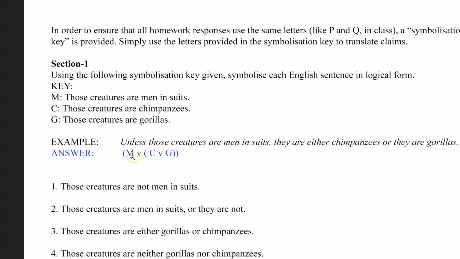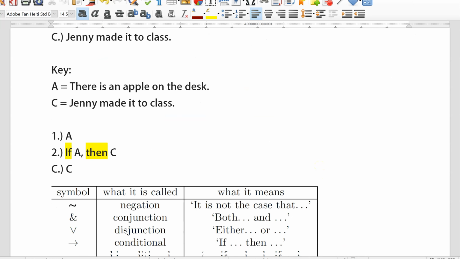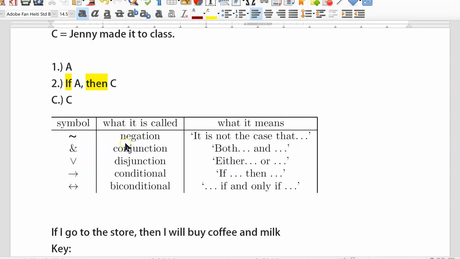This would be symbolized as: those creatures are men in suits, or those creatures are chimpanzees, or they are gorillas, right? So we can see the ors in the sentences, and we can go back and look again at our logical vocabulary, right?